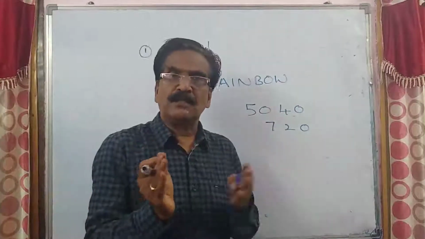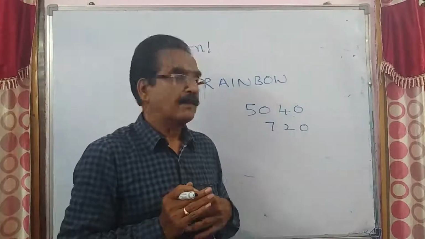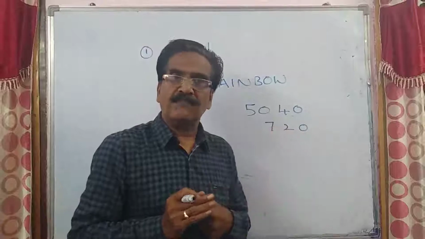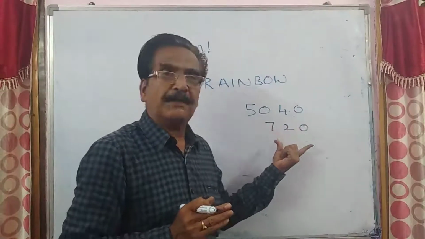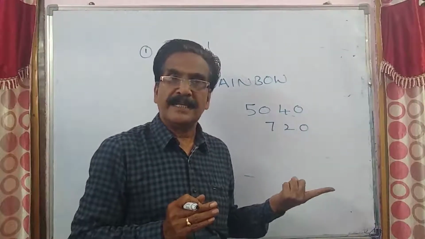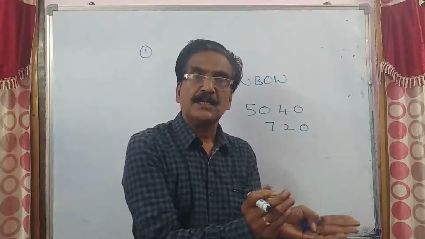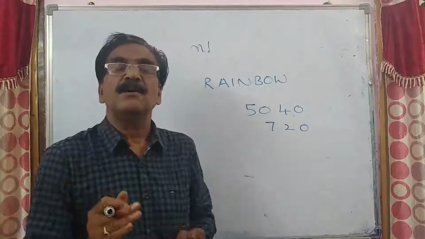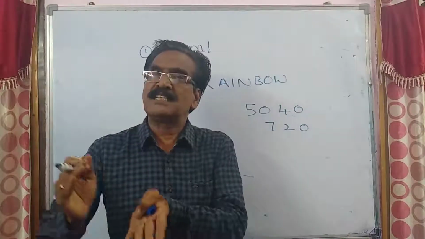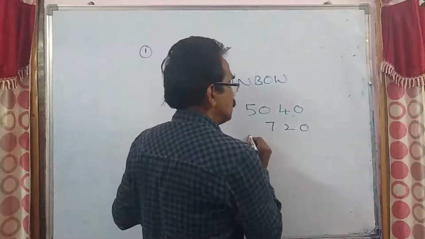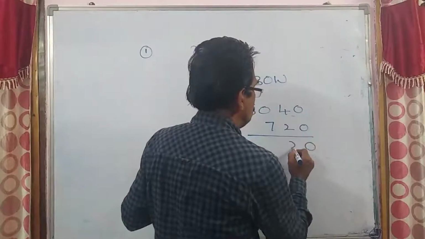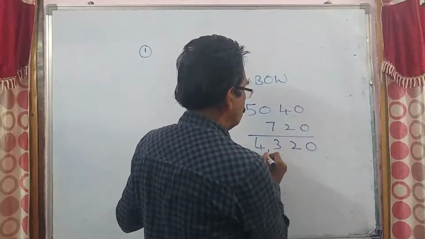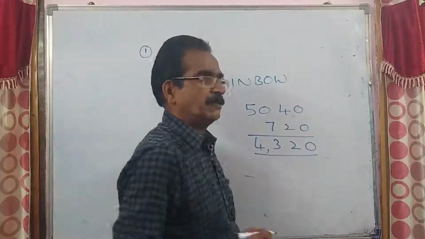So total 5040 permutations. Out of 5040 permutations, 720 permutations are there where vowels come together. So the remaining arrangements are the permutations where vowels never come together. That is 4320.